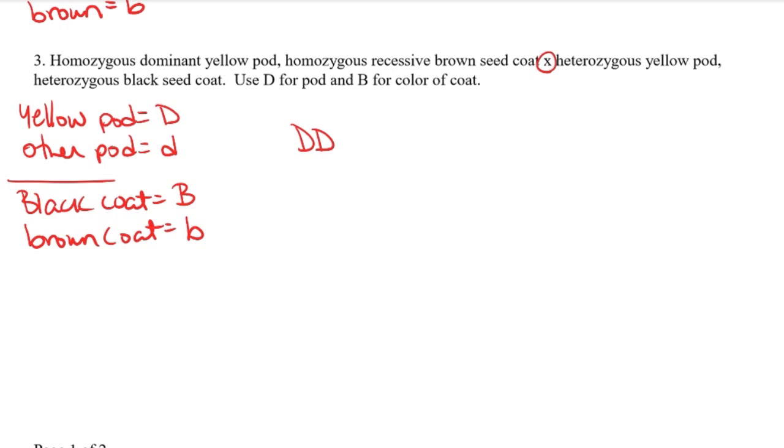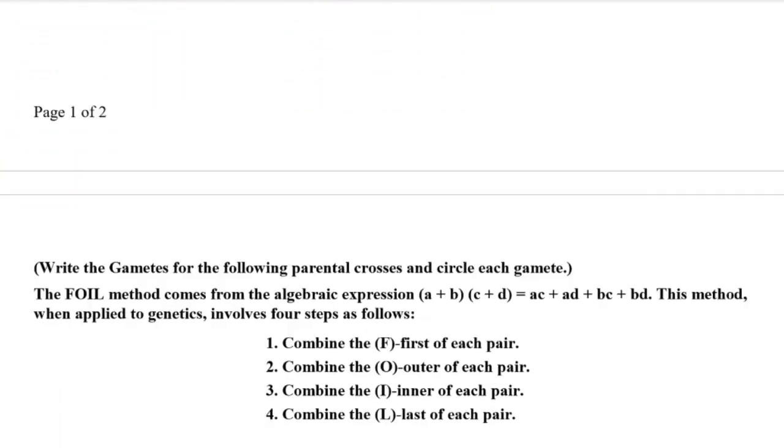Homozygous recessive brown, two lowercase b's. My second parent, heterozygous yellow, so heterozygous is one of each letter, so big D, little d, and then heterozygous black, so big B, little b. And again, I'm just being consistent, so I listed my pods, or my D's, first, and then my coat color, or my B's, second. So that's how you set up symbols and parents.